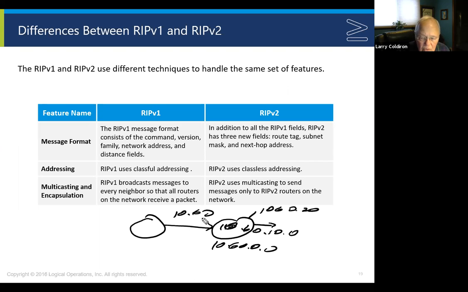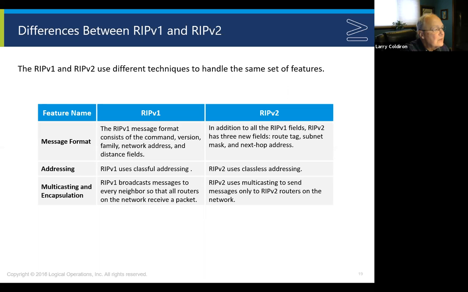So on the individual router, it consolidates the routes that are going to be sent. And again, depending on how you set up your network, different things can happen here.